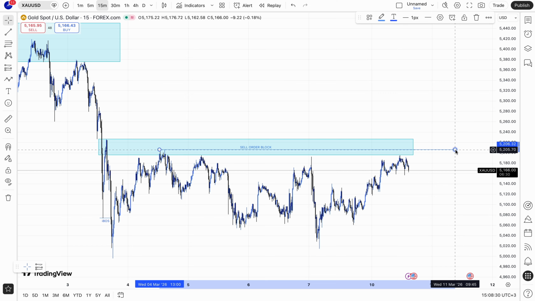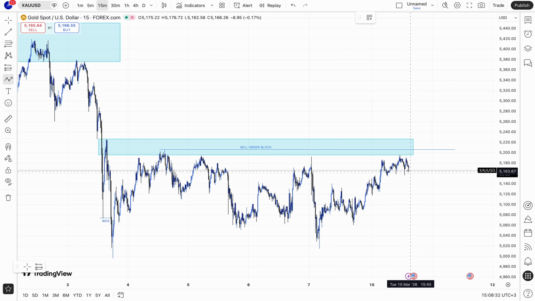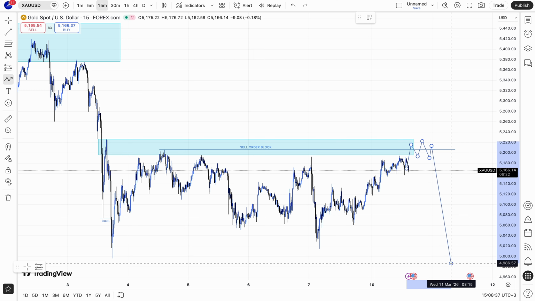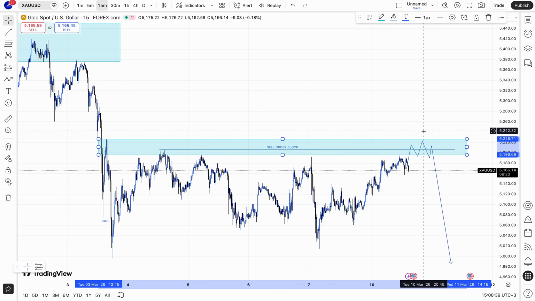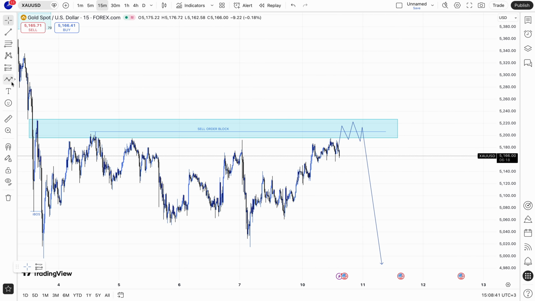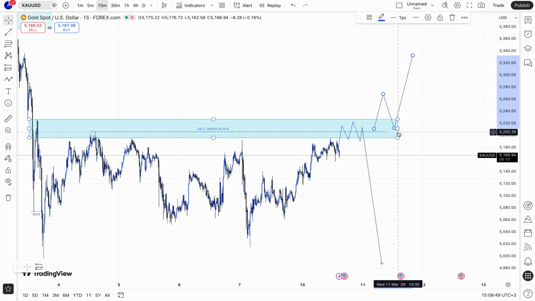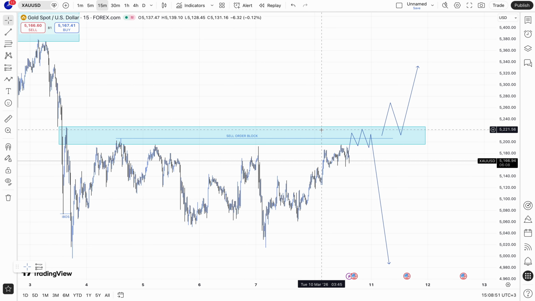Then after that will be scenario number one. Then you look for that 1 minute fail, that 1 minute shift. That will be scenario number one. Then scenario number two, if the price disrespects this order block, now wait for the break, then the retest, then we look for buy confirmation from here, then we continue buying, right?